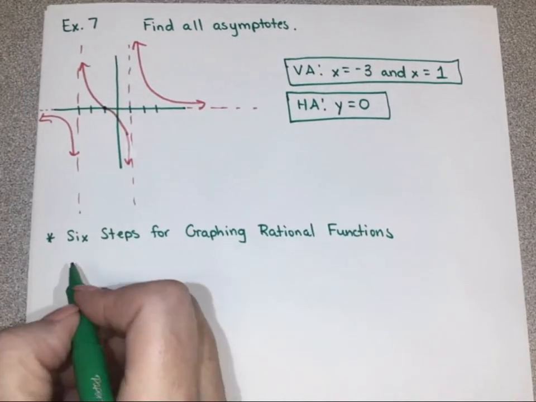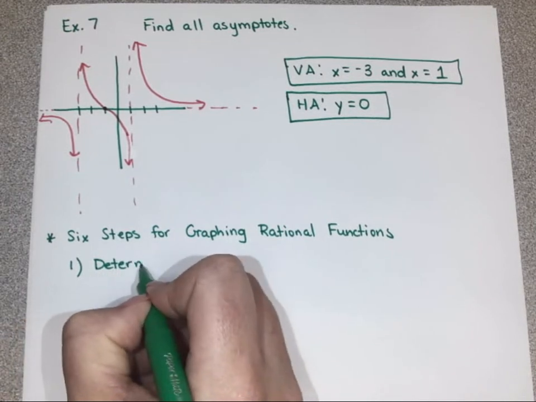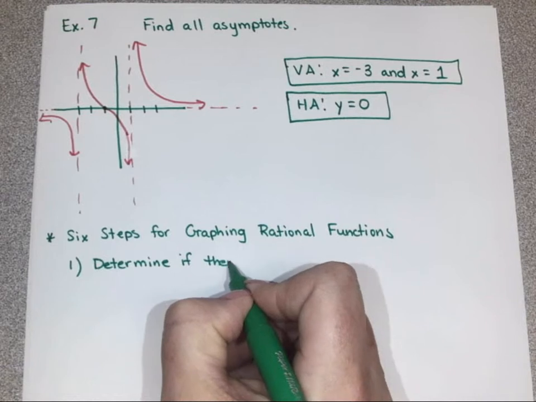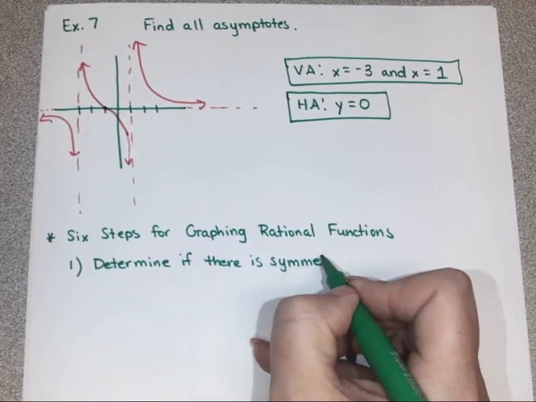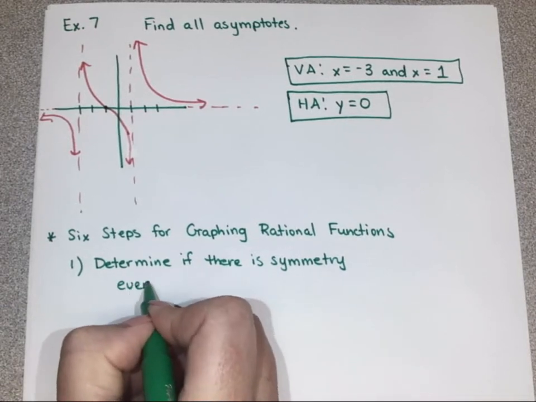Okay. So the first step is, I'm not going to spend a lot of time on this, but determine if there is symmetry or not. Remember, we did this with polynomials too. It's just that if you know it has symmetry, remember it can help you kind of know what the graph is.